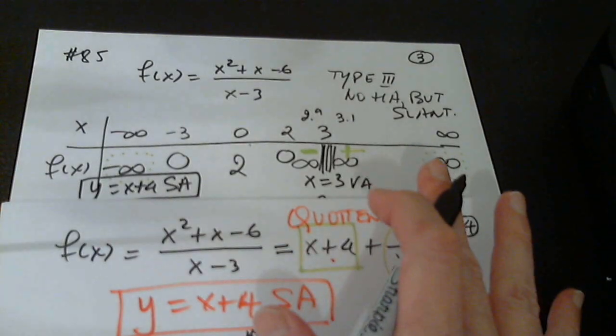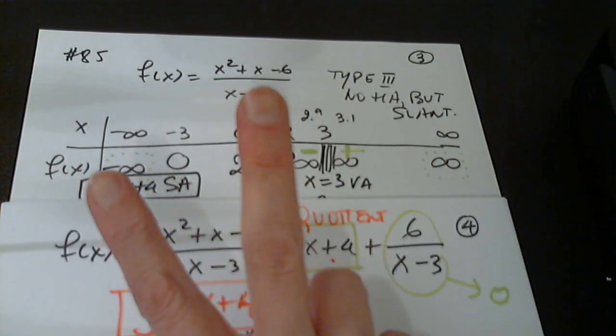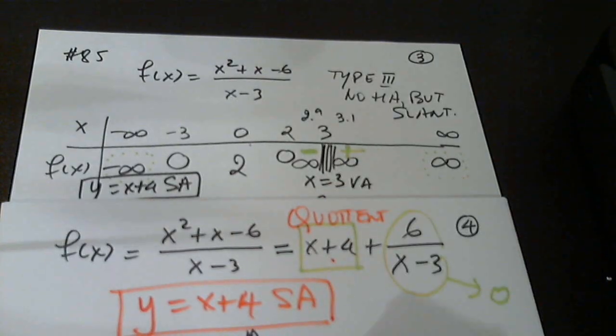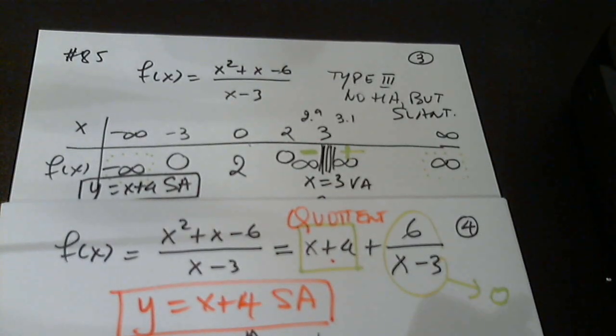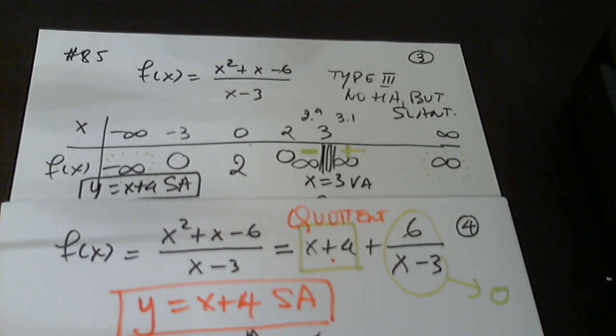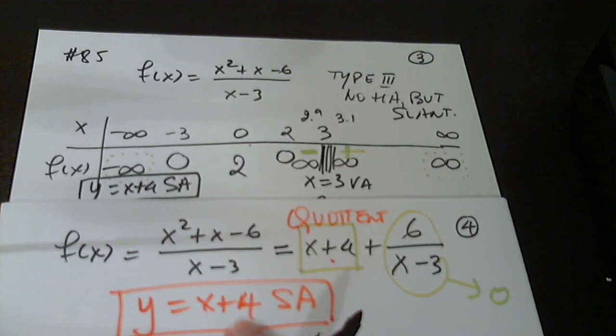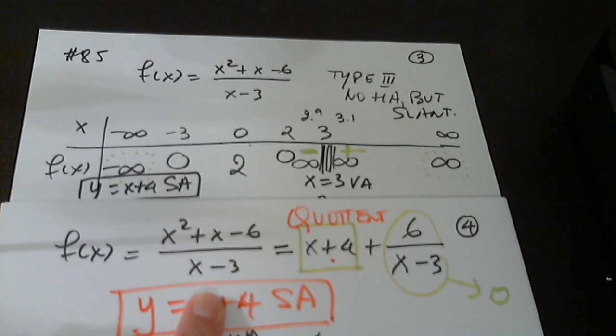I have to start with the asymptotes. There are 2 asymptotes. The first one is the vertical, so this is x equals 3. And the second one is y equals x plus 4. When x is 0, how much is y? Negative 4. Careful. I covered it. So when x is 0, y is negative 4.